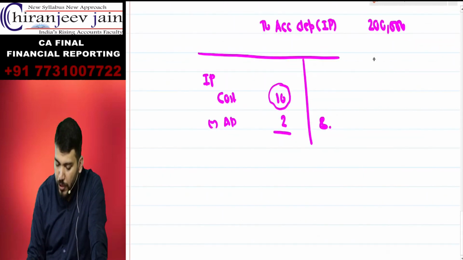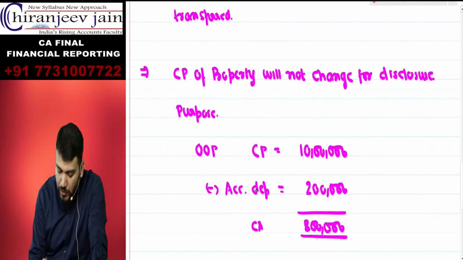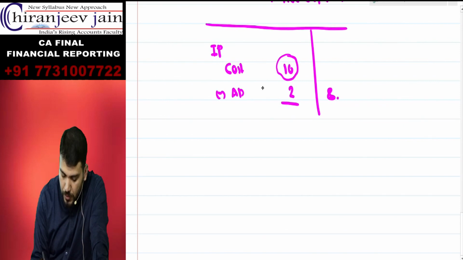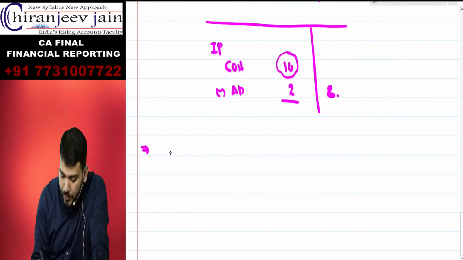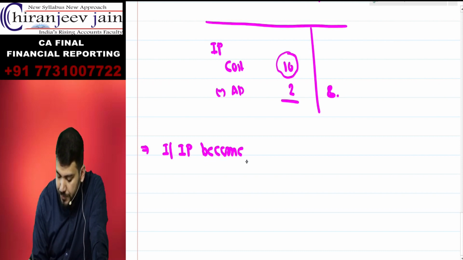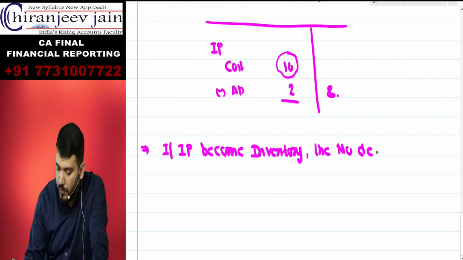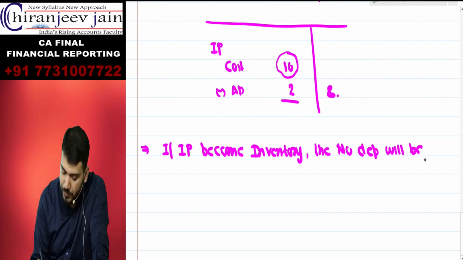Then one more point, write down. This was the 1st to 3rd point. Write down. If investment property becomes inventory, then no depreciation will be charged subsequently, correct?